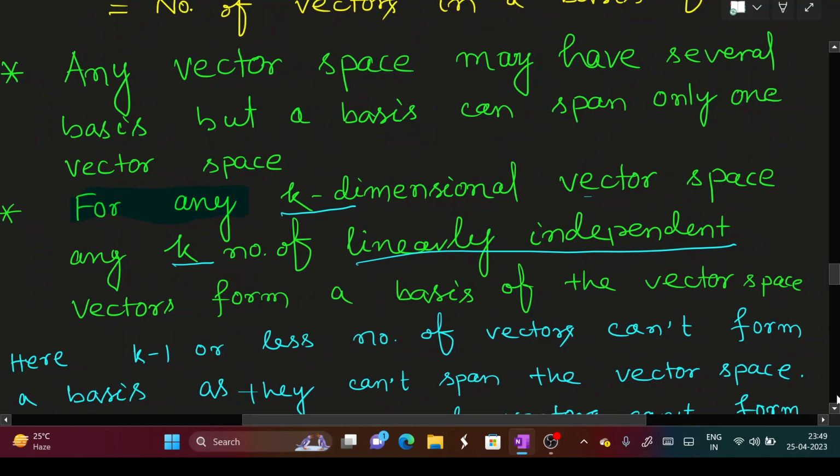That means suppose I have a vector space of dimension 3 and I get any 3 linearly independent vectors from that vector space. That means I have a basis of it.